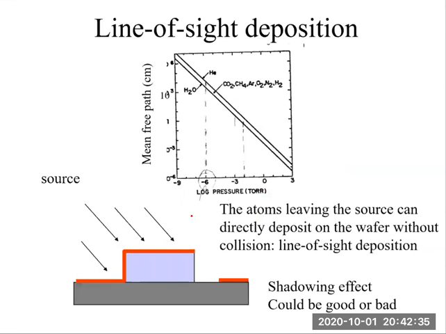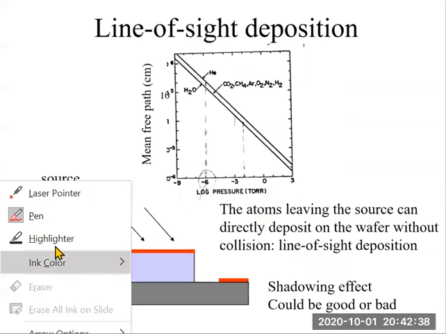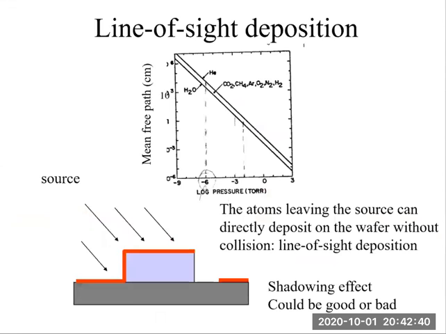It means the atom leaving the source, let's assume the source is somewhere here, can directly deposit on the wafer without a single collision, because the mean-free path is 50 meters and the distance between the source and the wafer is less than 0.5 meters. So there will be no collision.